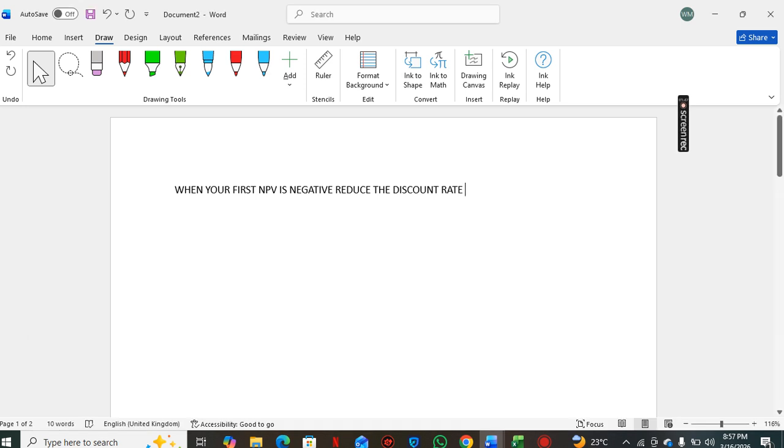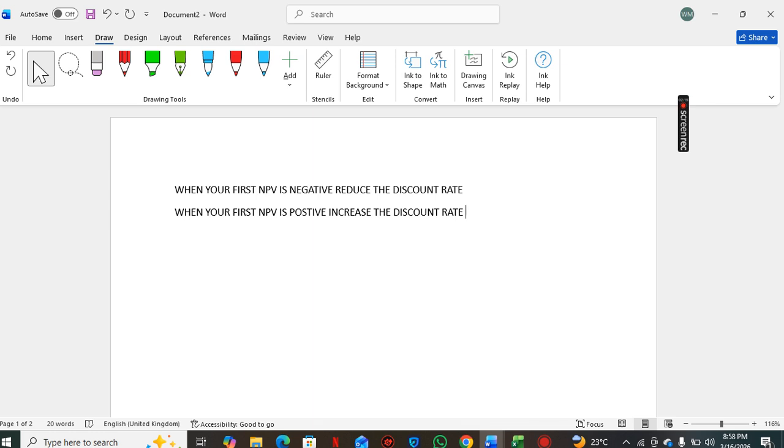Then, when your first NPV is positive, increase the discount rate. So one way to remember this is if you see a negative sign, it means continue reducing.